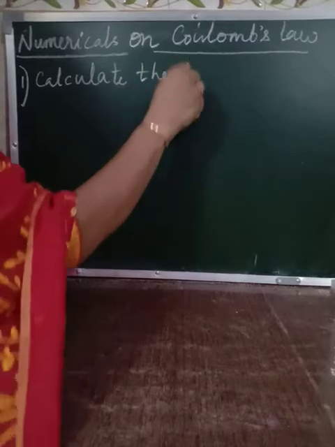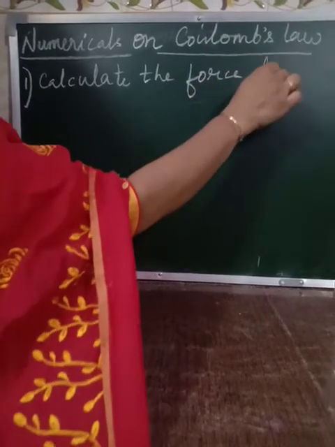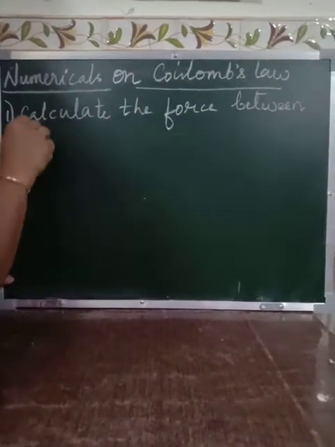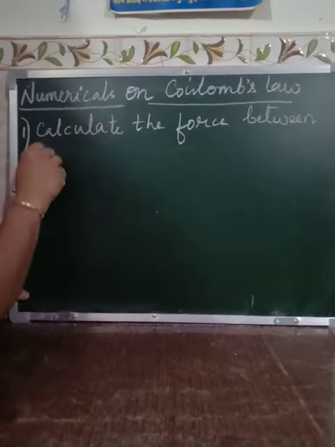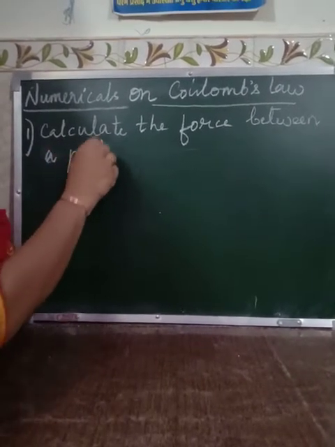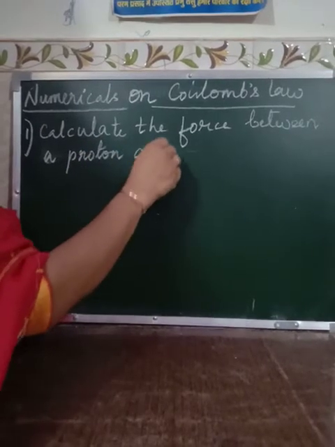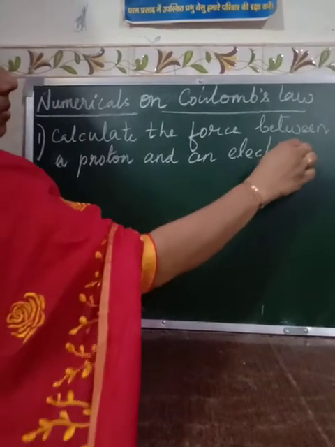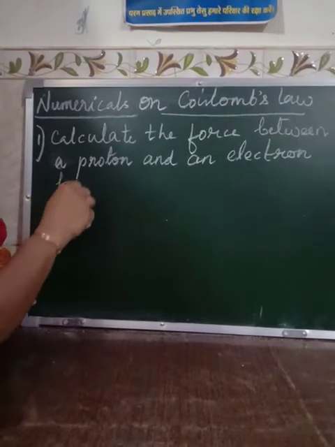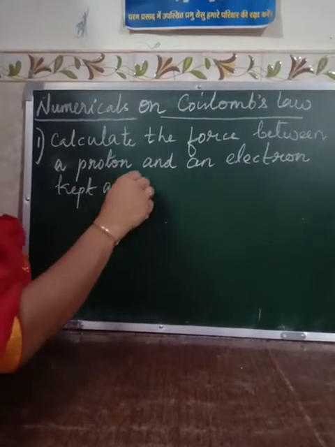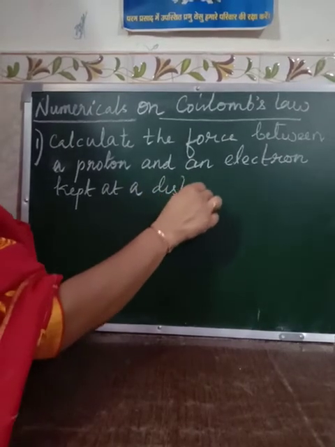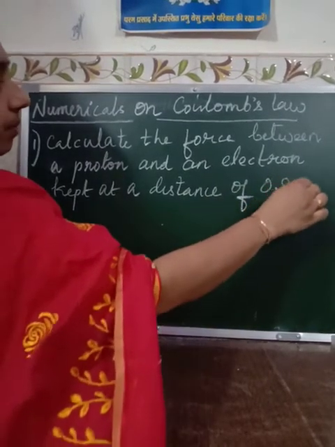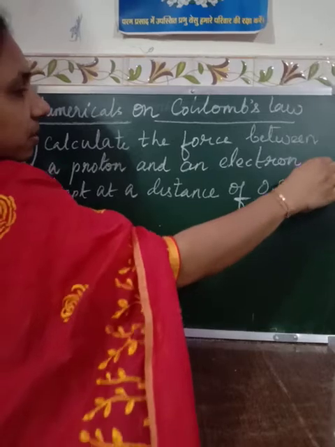Numericals on Coulomb's law. First of all, we are going to calculate the force between a proton and an electron kept at a distance of 0.85 into 10 raised to minus 15 meter.